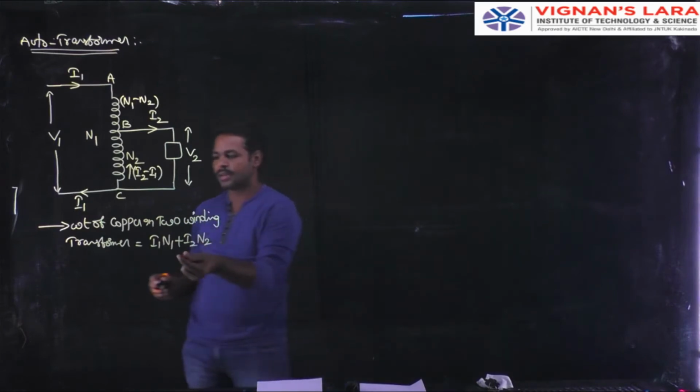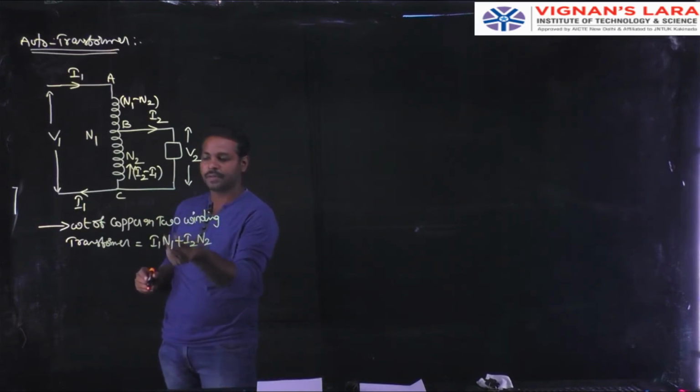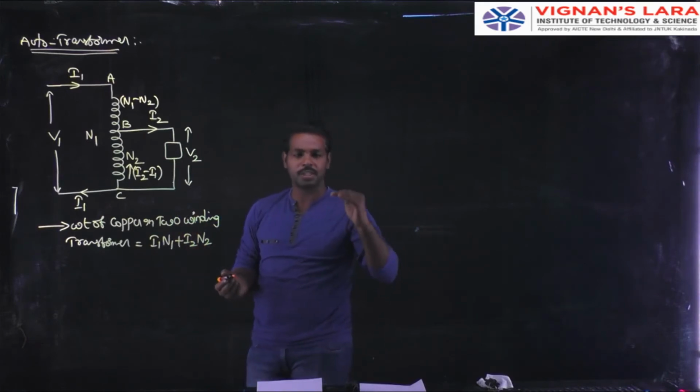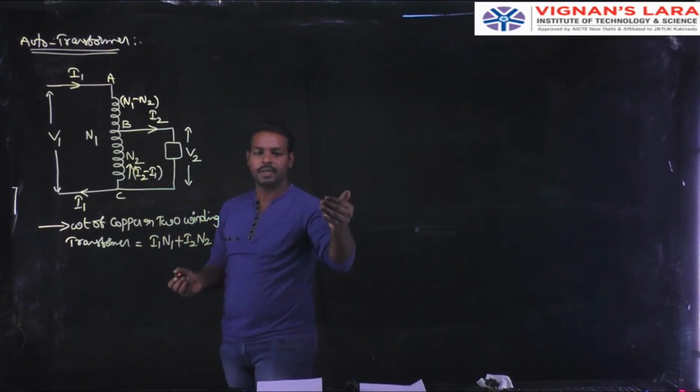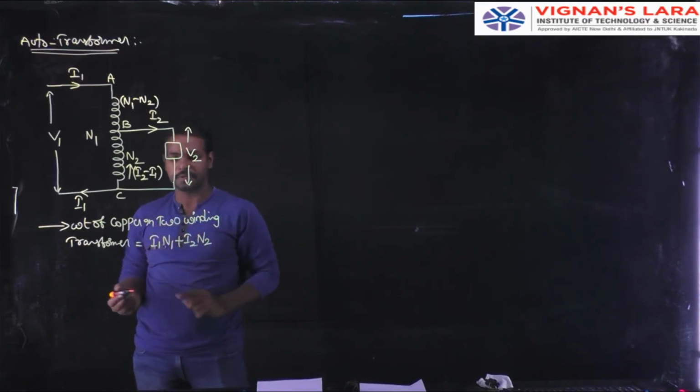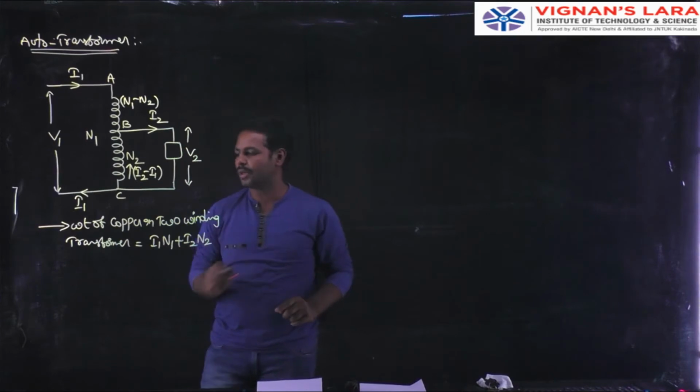This is the weight of copper required in a two winding transformer, that means an ordinary transformer, which was discussed in the fourth unit. That is the two winding transformer: I1 N1 plus I2 into N2.